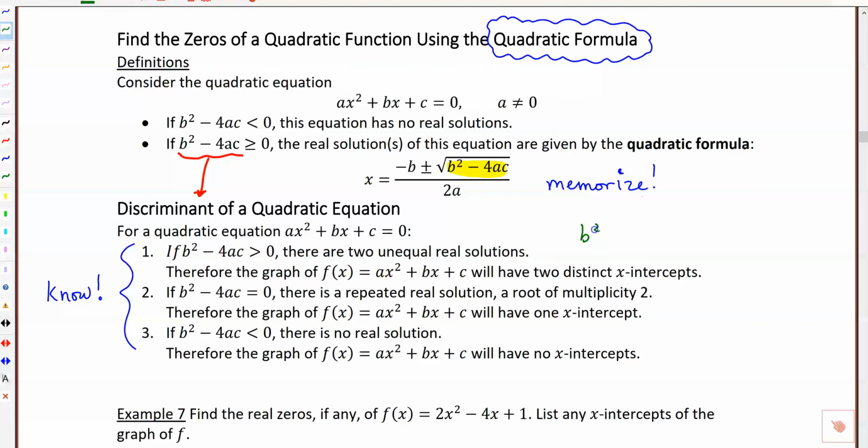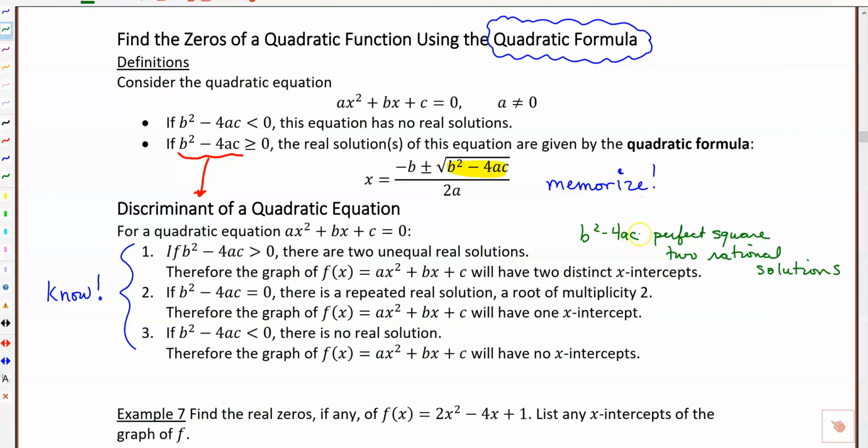If b squared minus 4ac is a perfect square, then you're going to have two rational solutions. So remember, rational numbers can be expressed as a fraction. And just as a side note, that means the original equation also could have been factored.